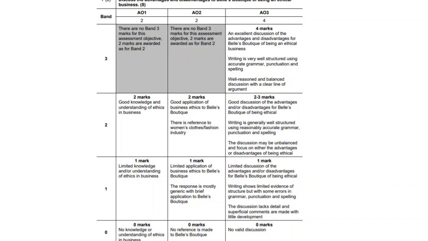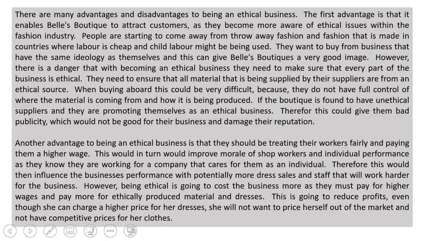Okay, so I would say the next example that I'm going to give you is in the top end of band 2, potentially going into band 3 if I'd added a few more things with discussion. But certainly in band 2, maybe 6 marks, potentially 7 marks.